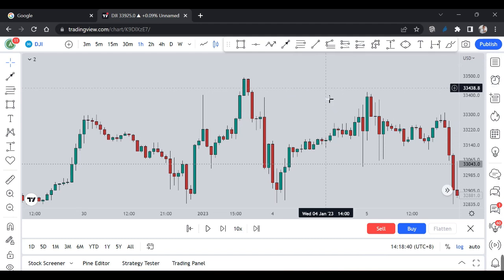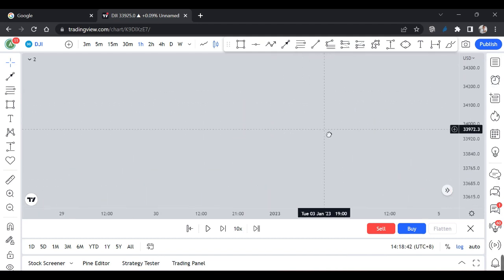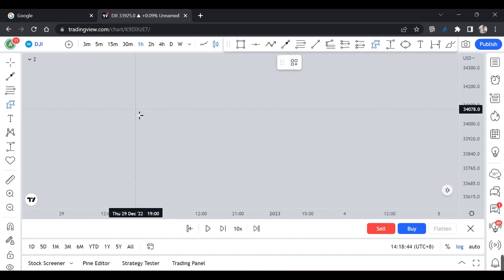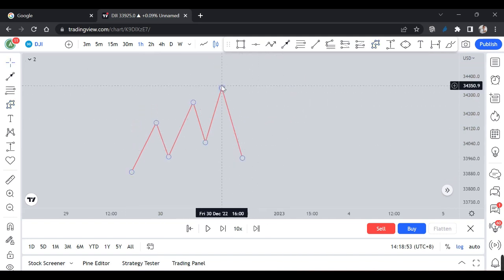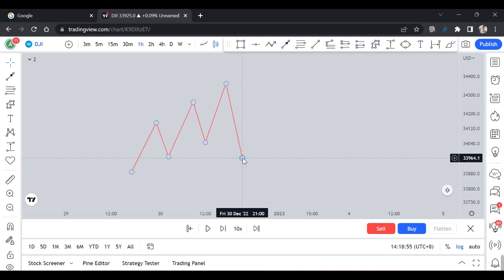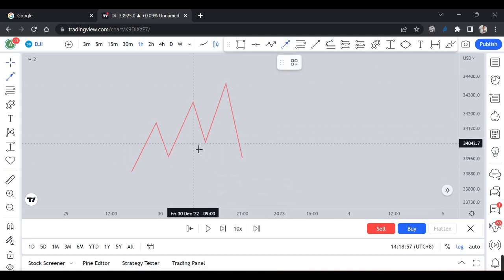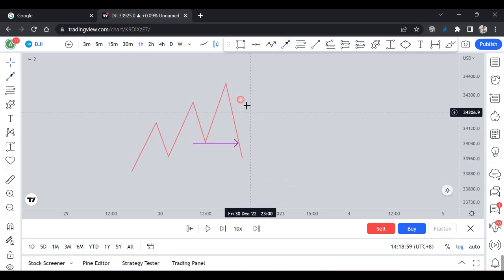So what is a QML? Let me give a brief introduction. QML is a structure. Let's say we have an uptrend. Once the price reaches an area, it breaks structure. It reached a zone and an area, and then it broke the structure right there, and this is what we call a QML setup.